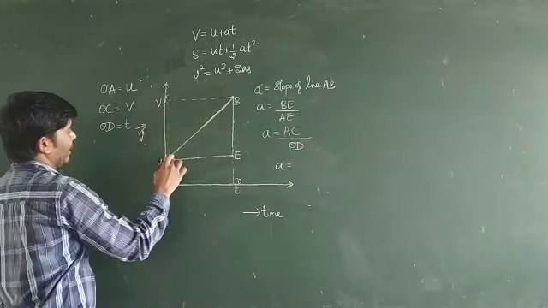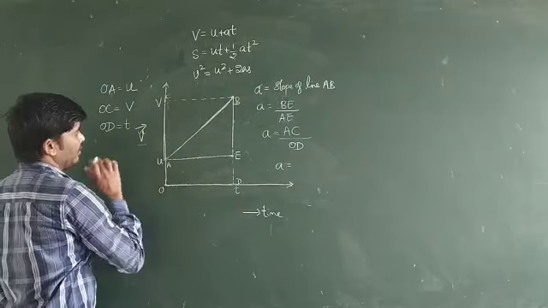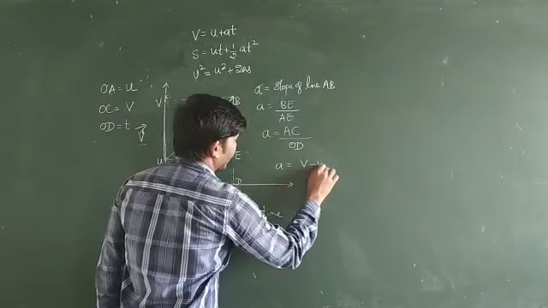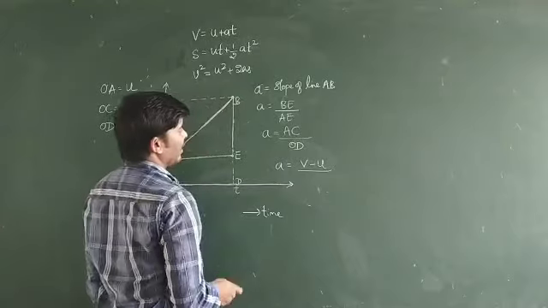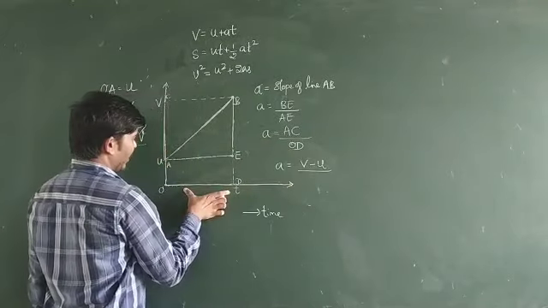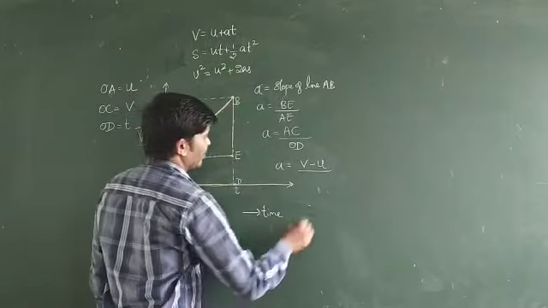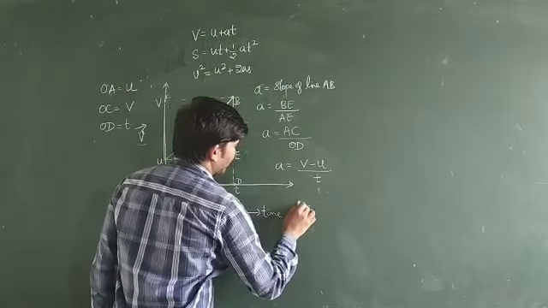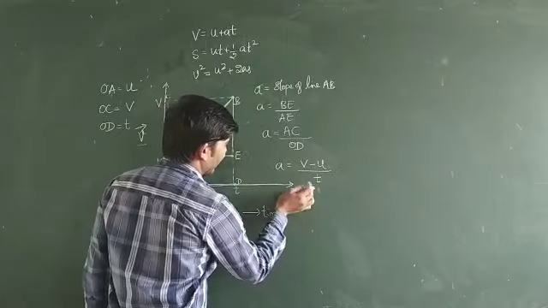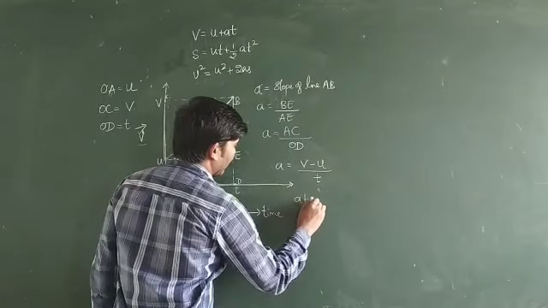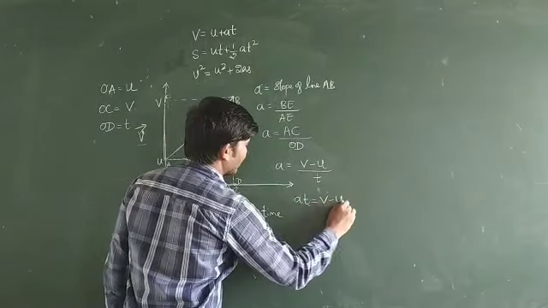AC or CA, that is V minus U, divided by OD. OD is the time interval to acquire the final position. So that is T.